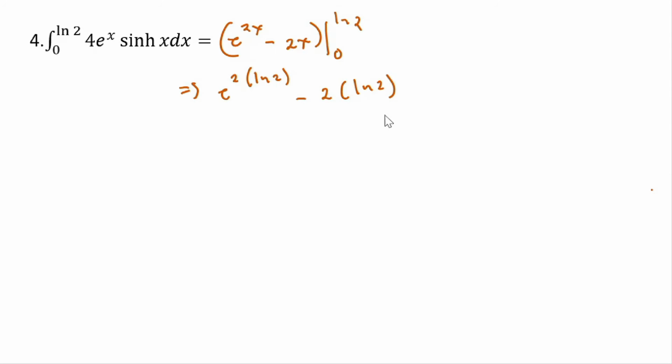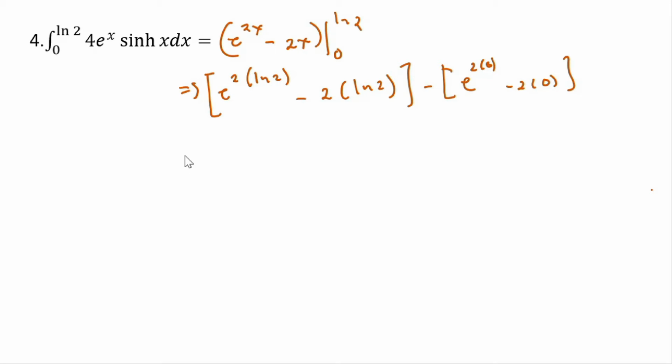This is now f of b. Minus, I will use a bracket to make it clear that this is the value of f of b from the fundamental theorem of calculus, minus f of a, which uses 0 as the lower limit. So we have e raised to 2 times 0 minus 2 times 0, and that is f of a.